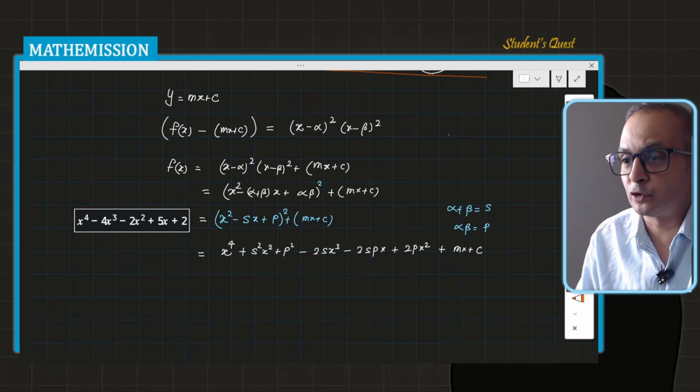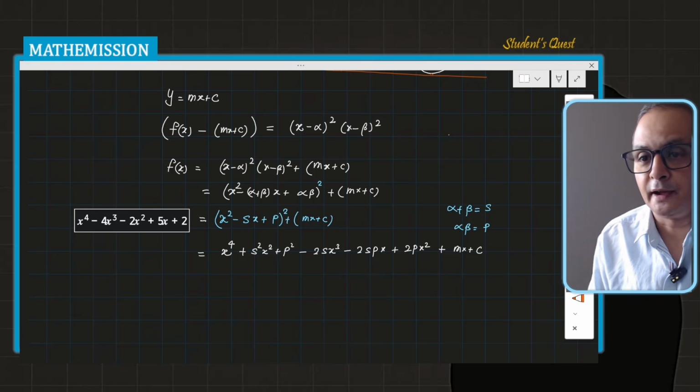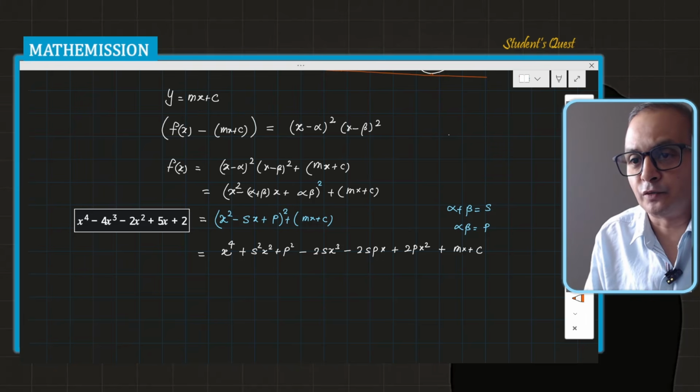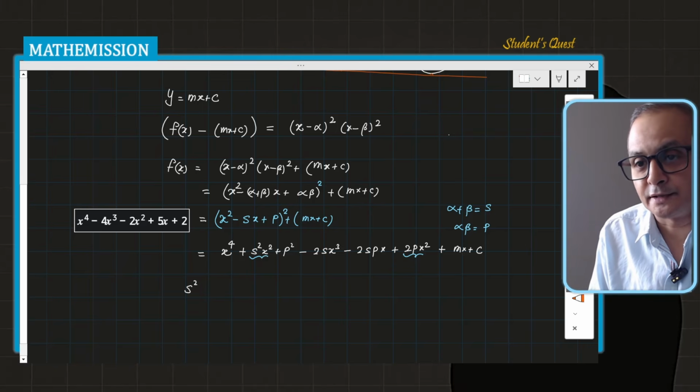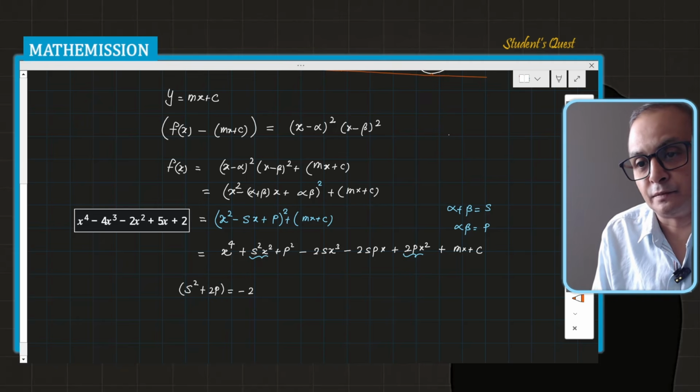Now we compare the coefficients. First, x squared appears in these two places, this one and this one, and on the left hand side the coefficient of x squared is negative 2, so I can write s squared plus 2p is equal to negative 2.